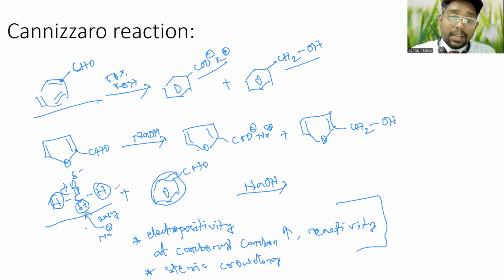Now here OH minus will attack whom? This carbon. That means the reactant that OH minus attacks at the first step will be converted into the carboxylic acid or carboxylate anion.